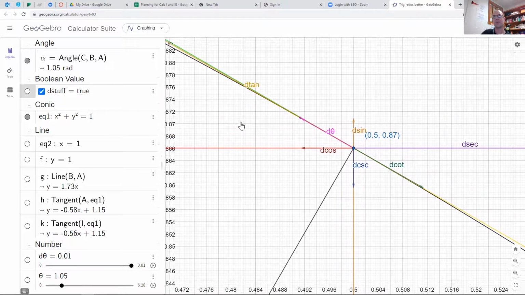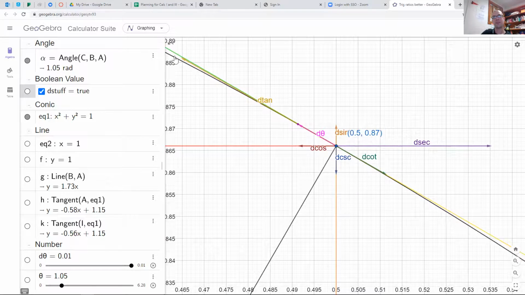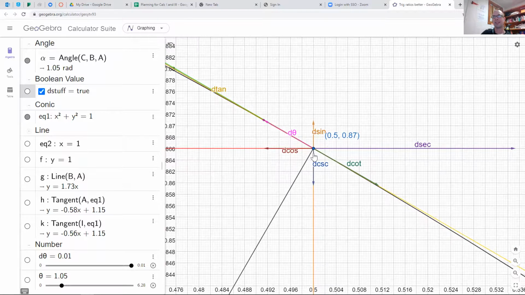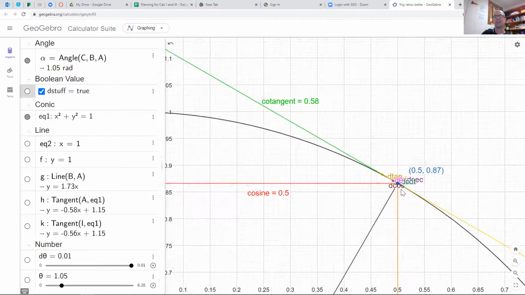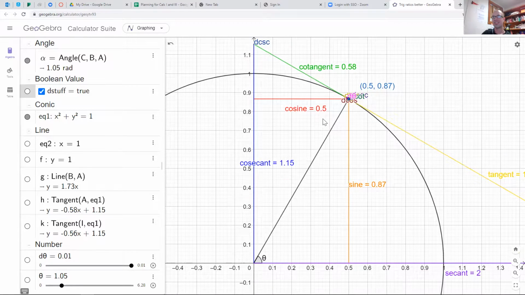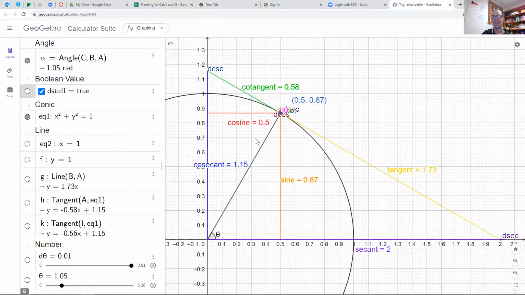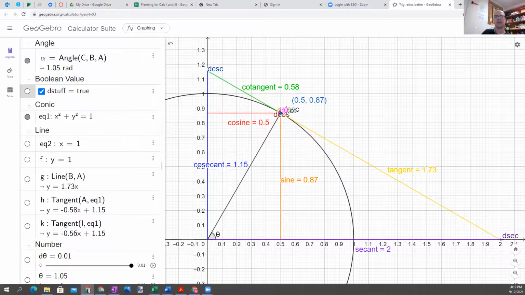And tangent, which is shooting up here, sine and secant, all of those lengths are growing when you just increase theta by a tiny bit. You nudge that value around, it makes the x value smaller, makes the y value bigger. This part gets bigger over here. This cosecant part gets smaller, cotangent gets smaller, tangent gets bigger.